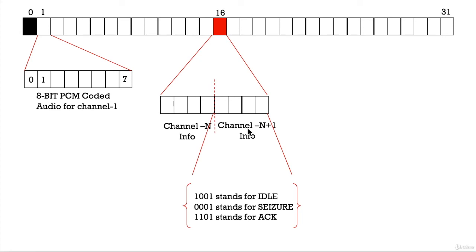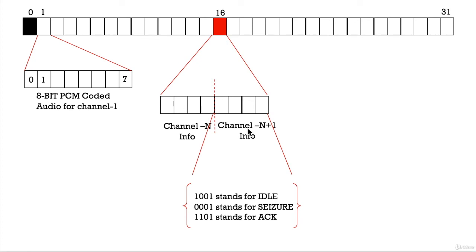Now, what kind of control information does it contain? These are some of the examples: 1001 stands for that channel is idle, or 0001 stands for seize.